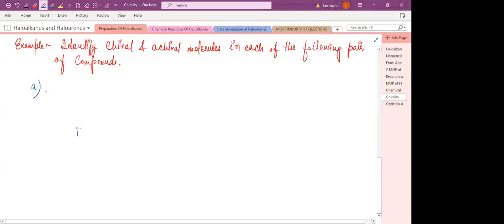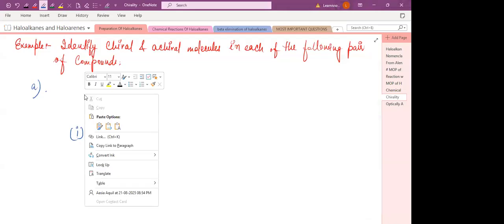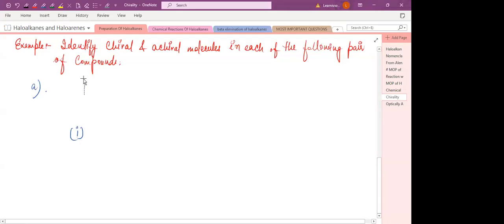The first molecule is, this is your carbon, and this carbon is attached to hydrogen, and this is your OH, and this wedge, this is your bromine, and this is your CH3.